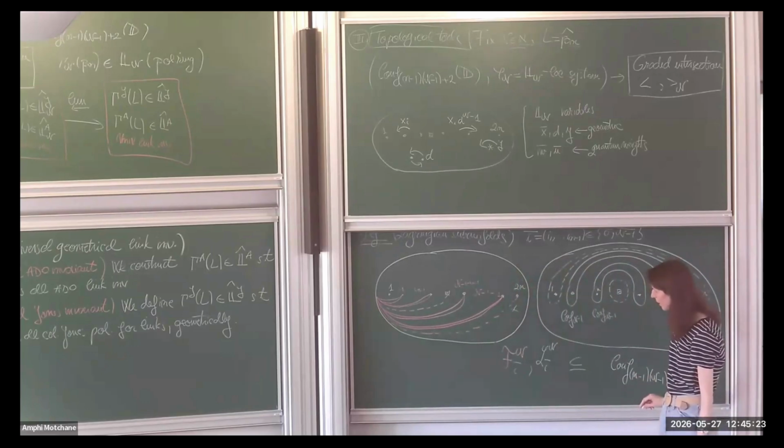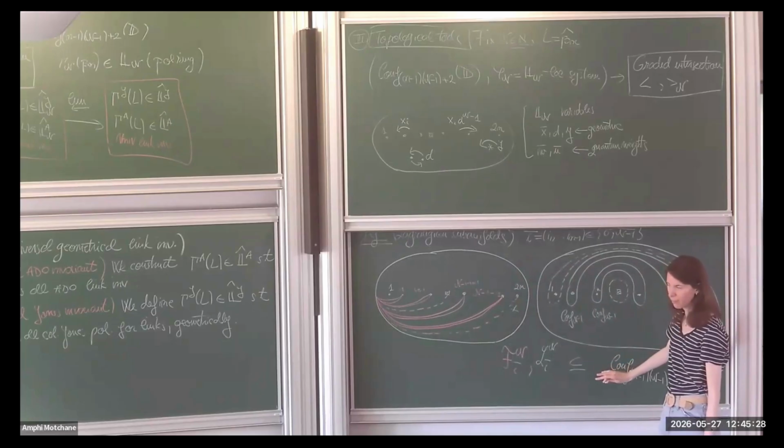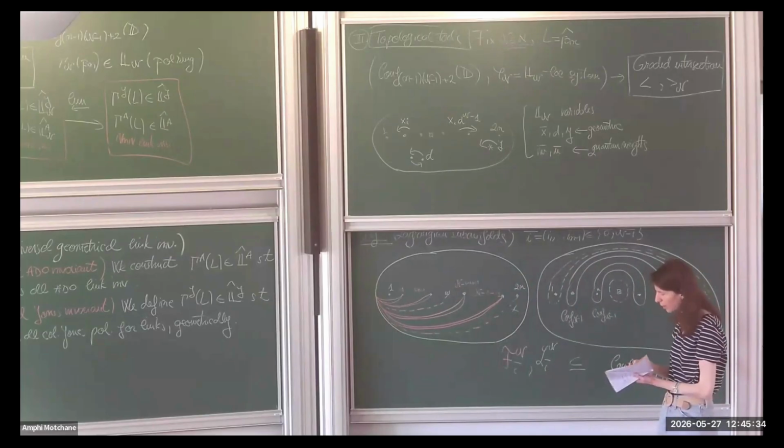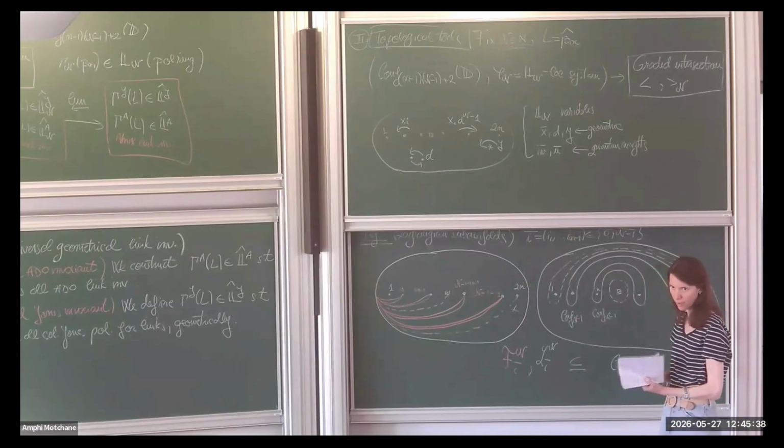What I would like to say is that somehow all of this is intrinsic. At the moment, I do not see the braid. But the way to see the braid is to use the fact that the braid group is the mapping class group of the punctured disk.